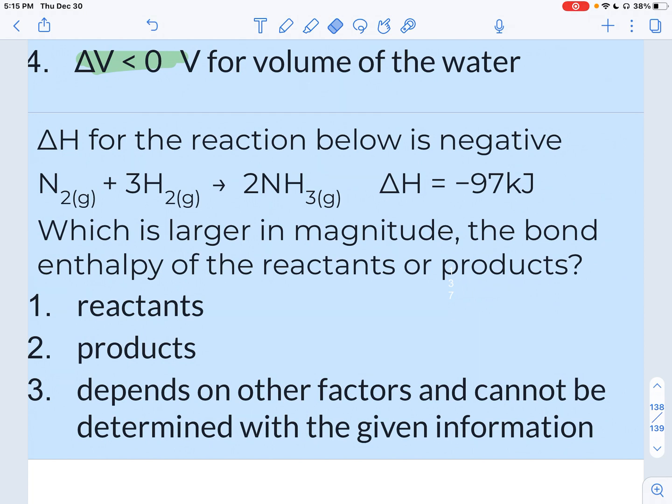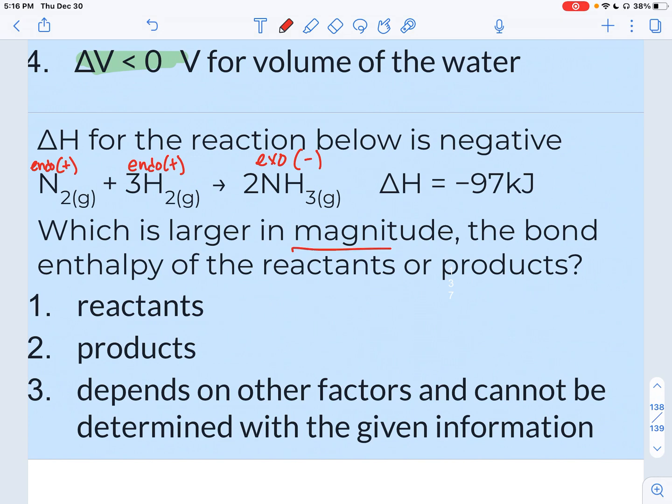Remember that bond forming is exothermic, which means delta H would be negative. Bond breaking is endothermic. So in this case, if we know that delta H is negative, the bond forming must have a greater bond enthalpy.